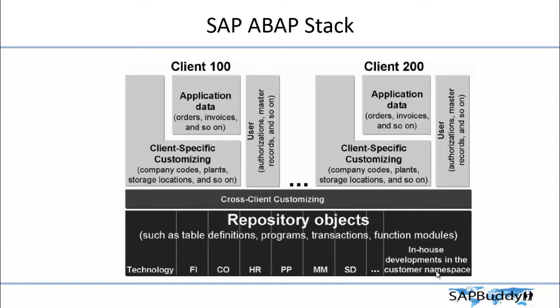So the customer can develop additional programs, and the customer can also create additional tables if they want to save any information which is not available in SAP. Then you can create a Z table. Okay, this is in-house development. So this will also be available in the repository object, which will also affect all the clients. Okay, that is the repository objects.